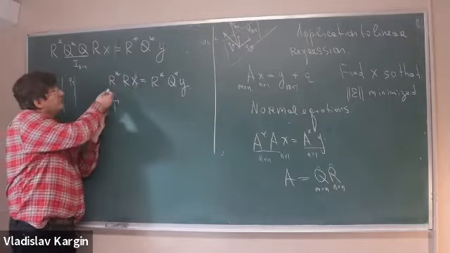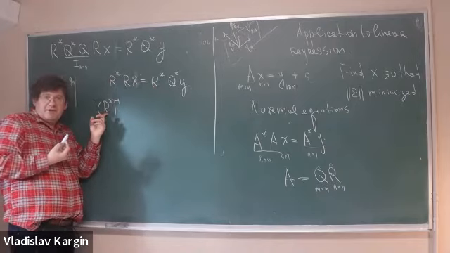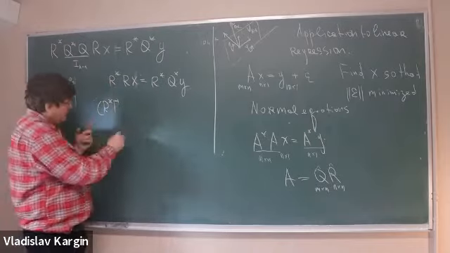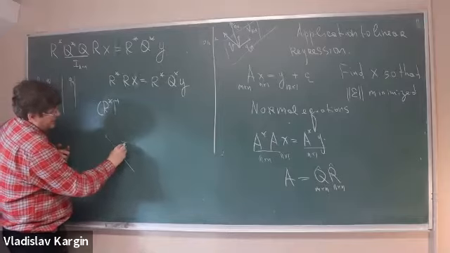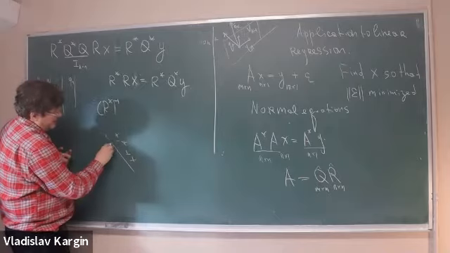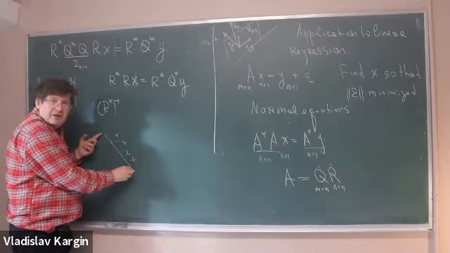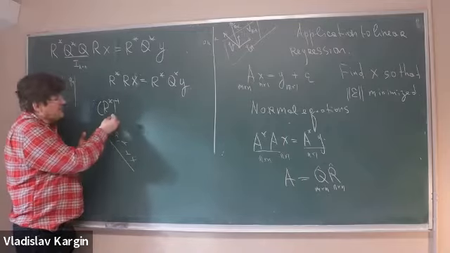First of all, R is a square matrix, n by n, since it's the reduced decomposition. And after that, you will see this is an upper triangular matrix, and the elements on the main diagonal are not 0, they're greater than 0. So you can check that this is invertible.